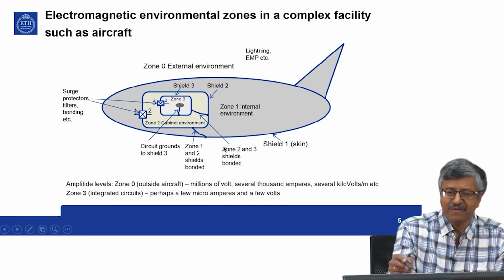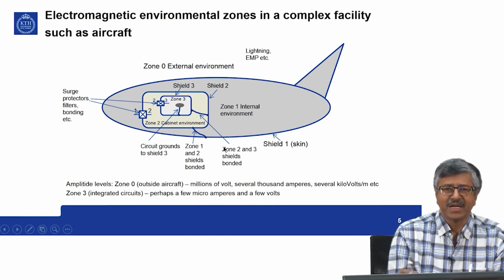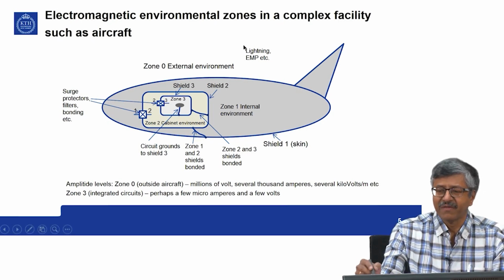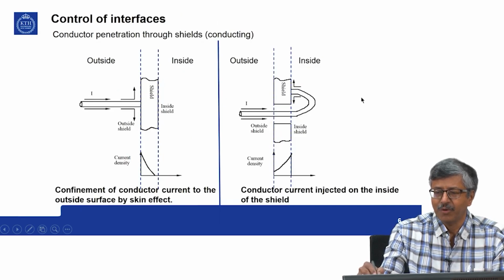Now if an aircraft in flight is struck by lightning, you know that the electric and magnetic fields can be of the order of million volts.